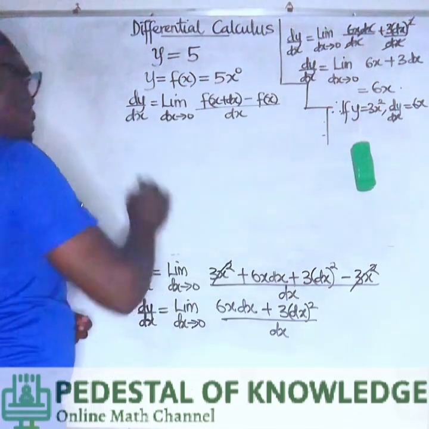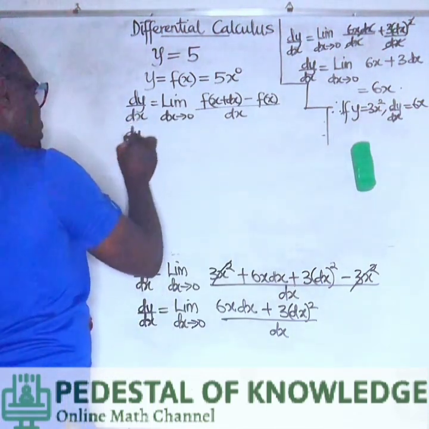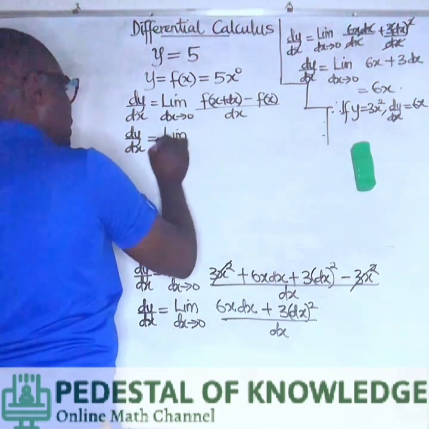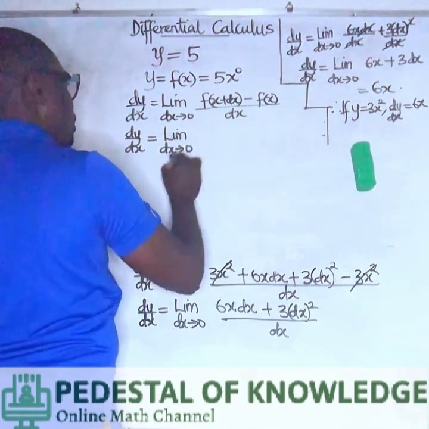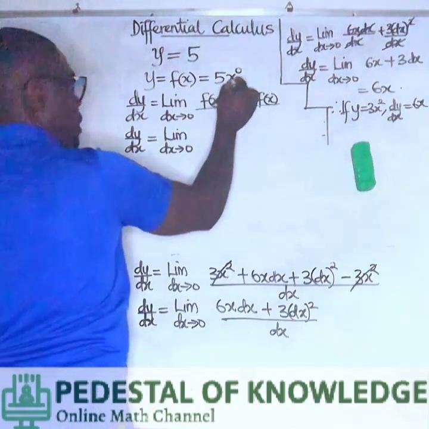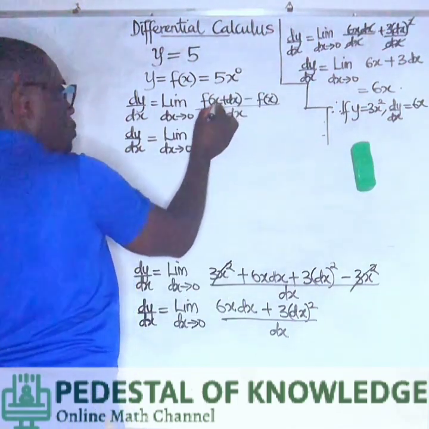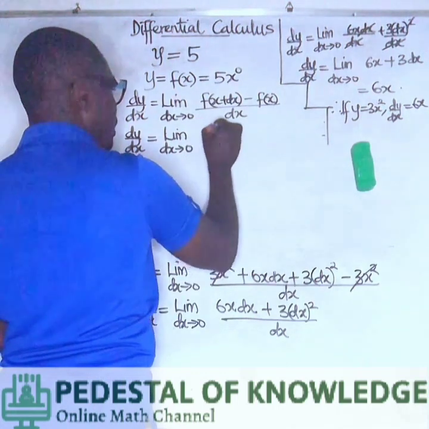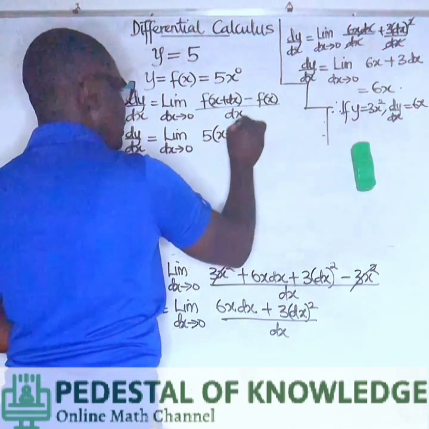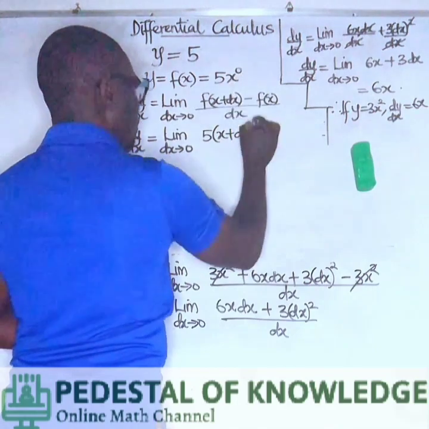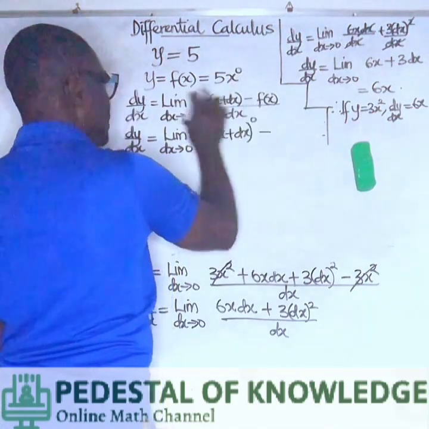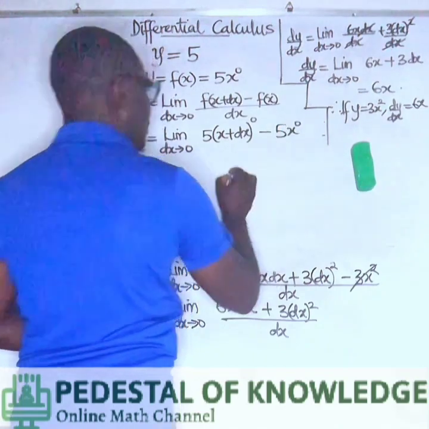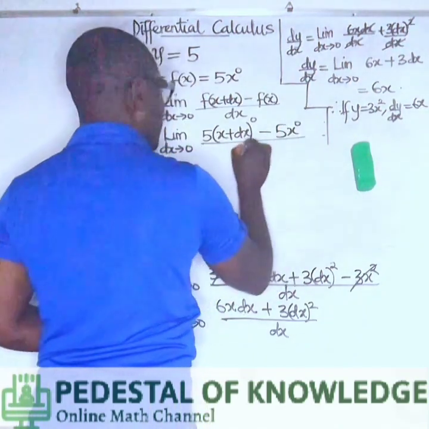And from here, dy/dx is now equal to the limiting value as dx approaches 0 of, in this expression, anywhere we see x, we're going to replace it with x plus dx. So we're going to have 5 into (x plus dx) raised to power 0 minus f of x, which is given to us as 5x raised to power 0, over dx.